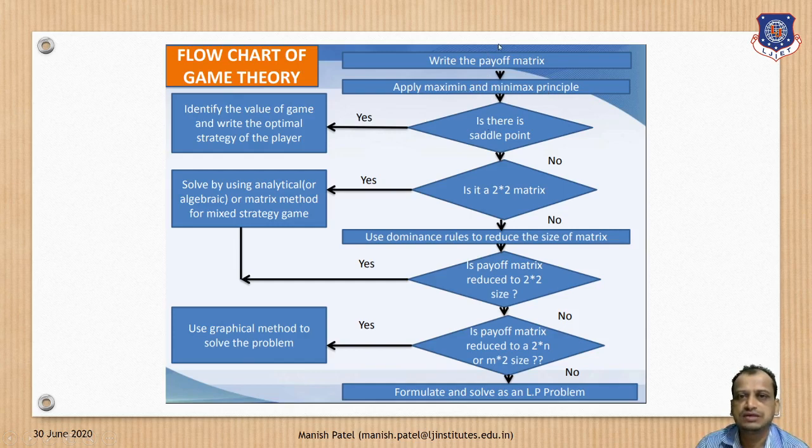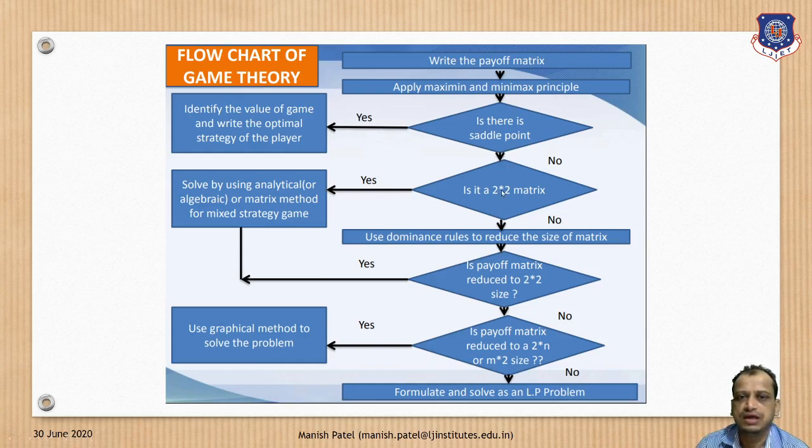Again, the flow chart is that you can apply the maximin or minimax principle. If the minimax and maximin are the same, then you have the saddle point, and then you have the value of the game, which is the optimal strategy. But if it doesn't have a saddle point, then you look at whether it is a 2 cross 2 matrix. If it is, you apply the analytical method.